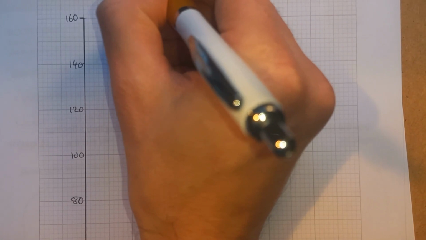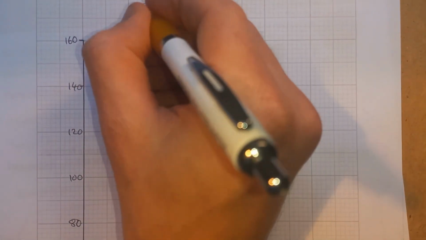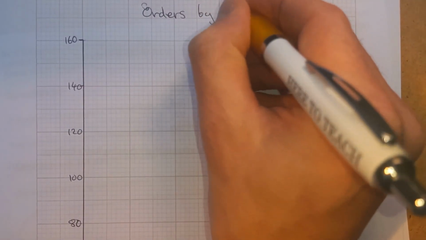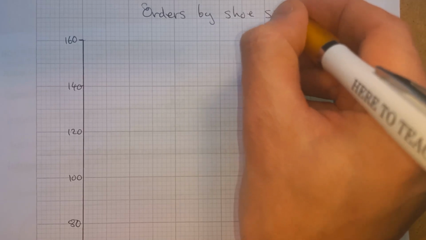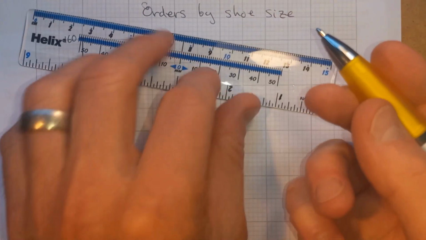And we can put a title in here: orders by shoe size. Normally I'd do the title at the end, but it was convenient to do it now, so then we won't forget.